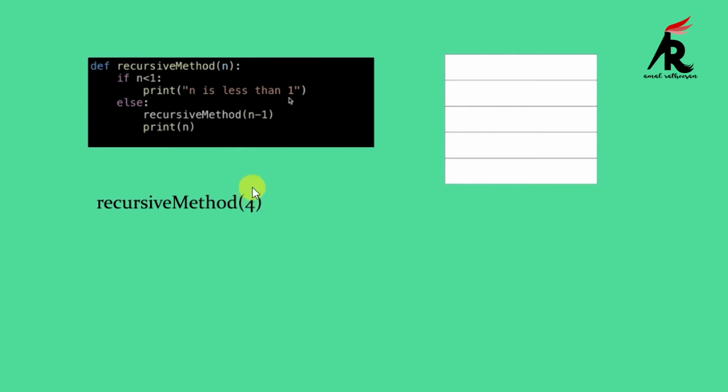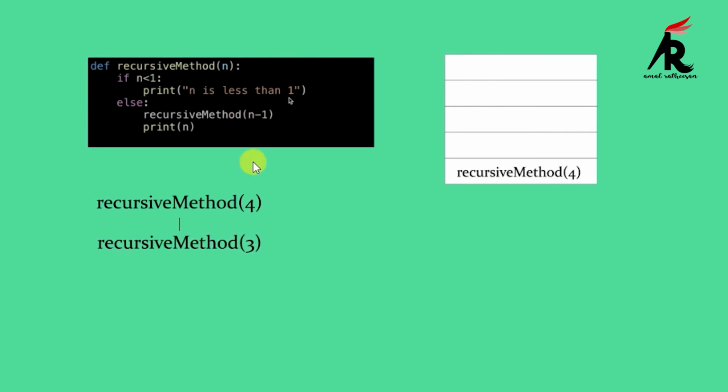We'll start with the number 4, just a random number. We're calling recursive method 4, giving 4 as the parameter. If 4 is less than 1, print "n is less than 1". But 4 is not less than 1, it's greater than 1. So else, recursive method of 4 minus 1, which is 3.